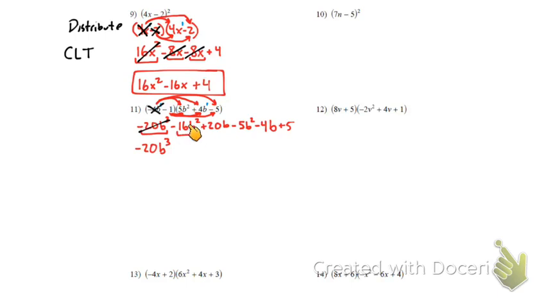We're looking for b's to the second, and I actually have a b to the second here. So we ask ourselves, we have negative 16 and negative 5. They are on the same team, so they're going to make a bigger team. So that's going to give us negative 21. Okay?